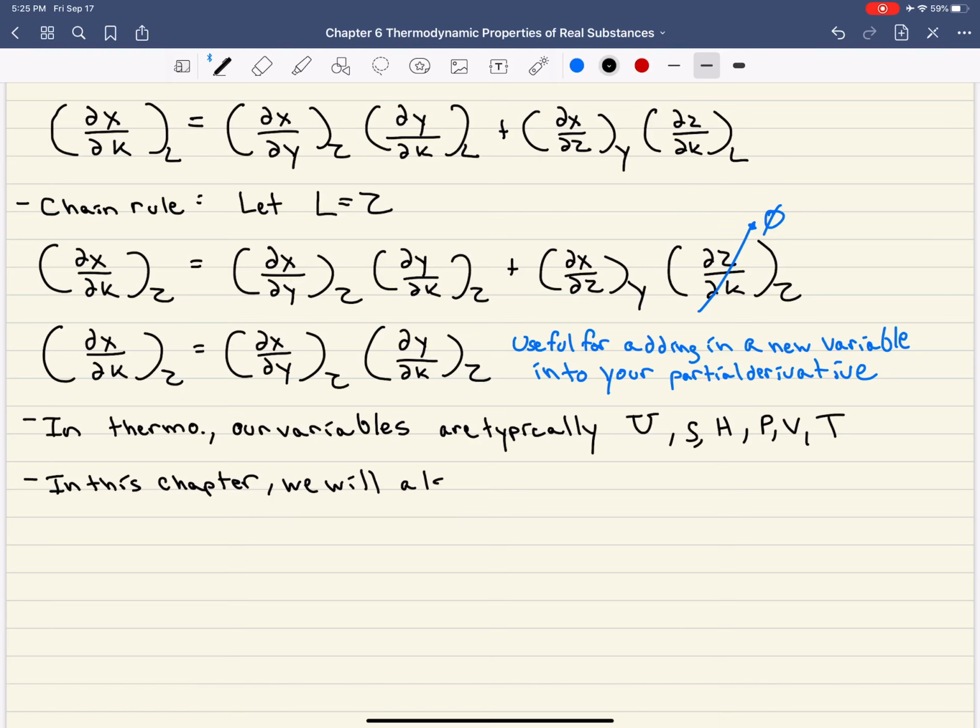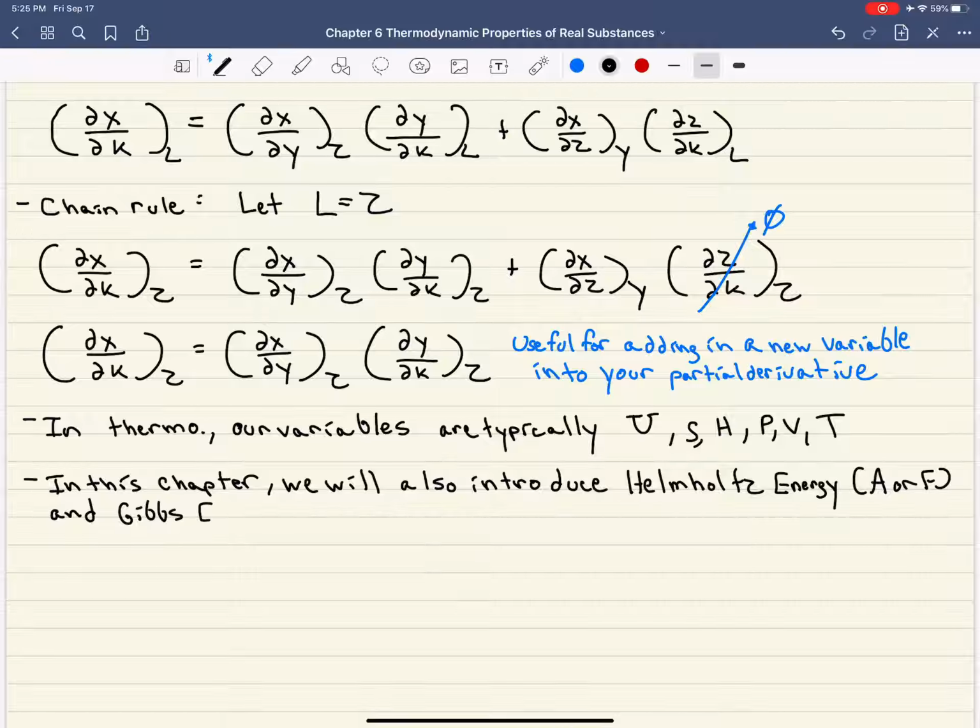So we will also introduce something we call the Helmholtz energy. And so that's abbreviated as A or F. And we'll also introduce something known as the Gibbs energy, which is abbreviated as G.